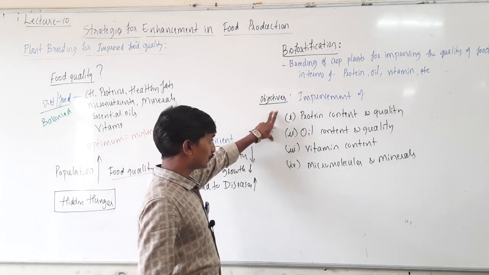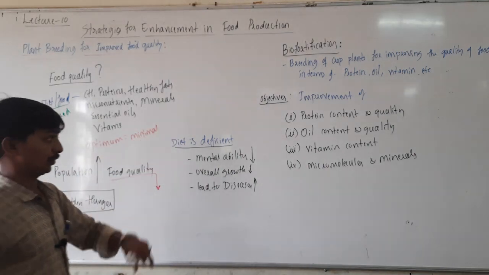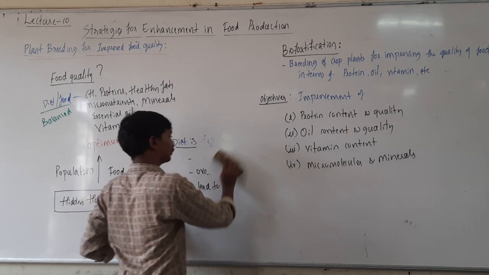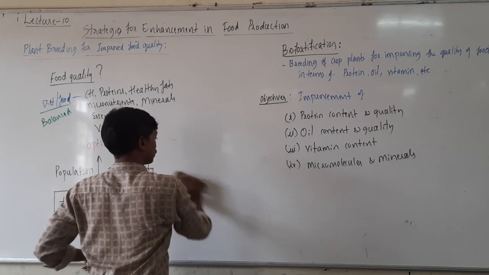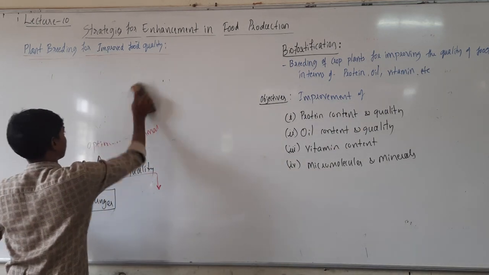So these are the four main objectives of plant breeding, mainly biofortification. When food follows all these four aspects, then our diet will be healthy.